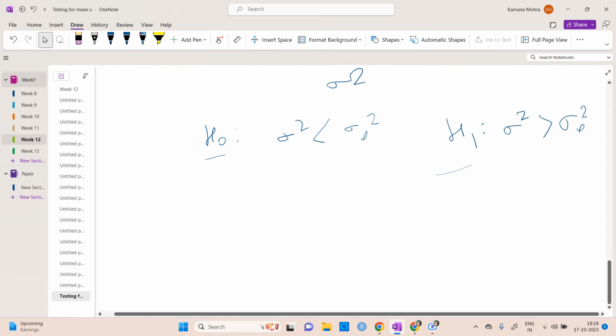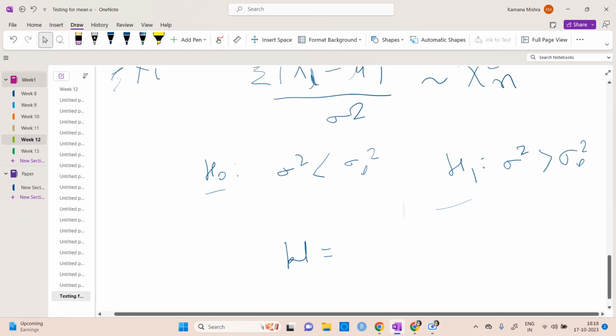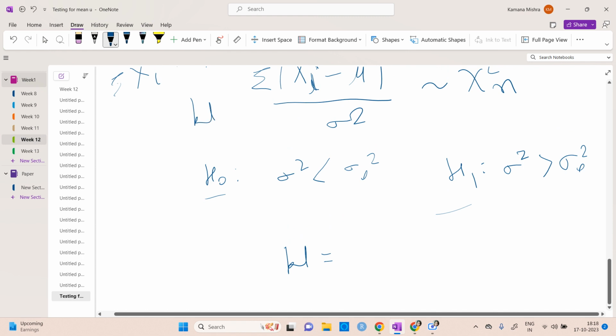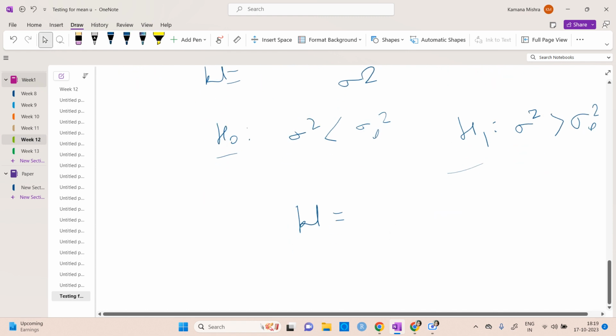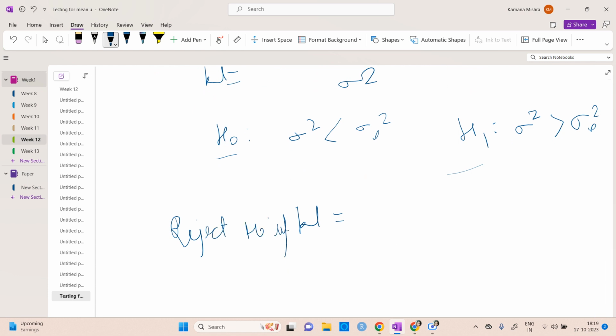We represent this part by W, and we reject this H naught if W is greater than or equal to chi square with n, alpha.